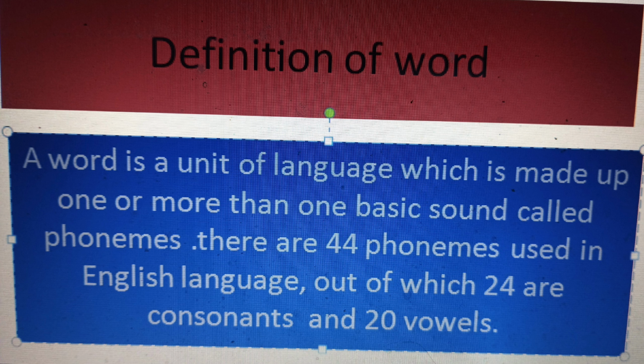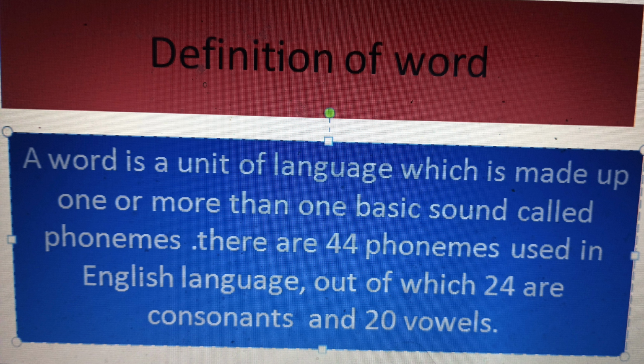Well, word, when you are transcribing and translating it into the other language, that means the lafz. And from the linguistic point of view, a word is a unit of language. I must make that clear. It is not the basic unit of language.